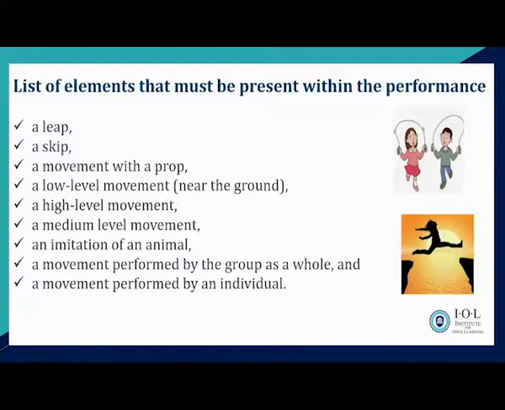List the elements that must be present within the performance. There must be a leap, a skip, a movement with a prop, a low-level movement near the ground, a high-level movement, imitation of an animal, a movement performed by the group as a whole, and a movement performed by an individual.